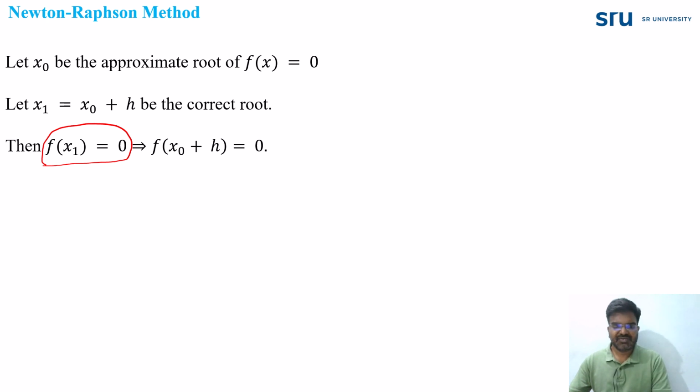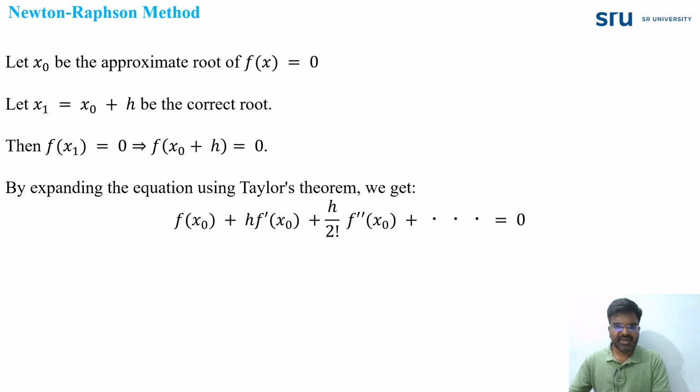If you replace x1 with x naught plus h, then f of x naught plus h equal to 0. By using Taylor series expansion, we can write this as f of x naught plus h into f dash of x naught plus h square by 2 factorial into f double dash of x naught plus so on equals to 0.